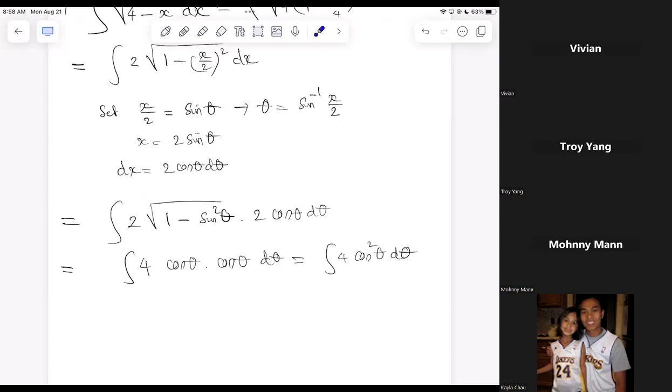So how can we evaluate this integral? This is an even power, right? So the only way to evaluate this integral is to reduce the degree using the double angle identity. Only one way.